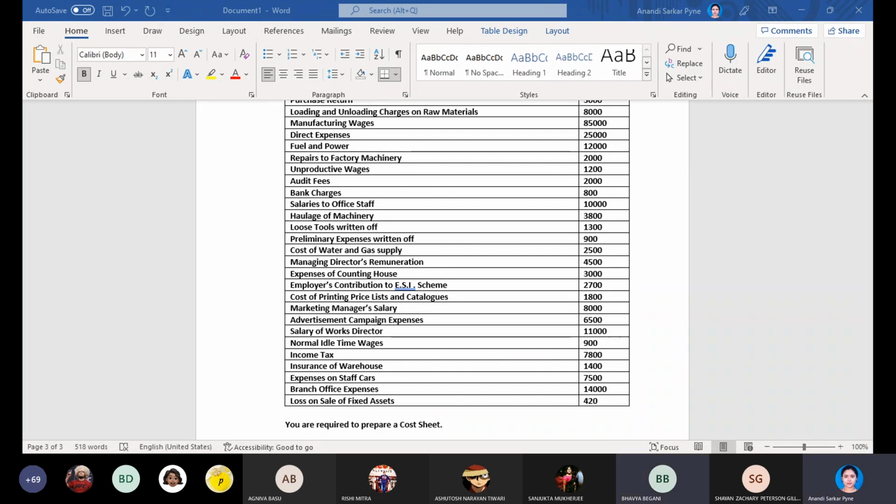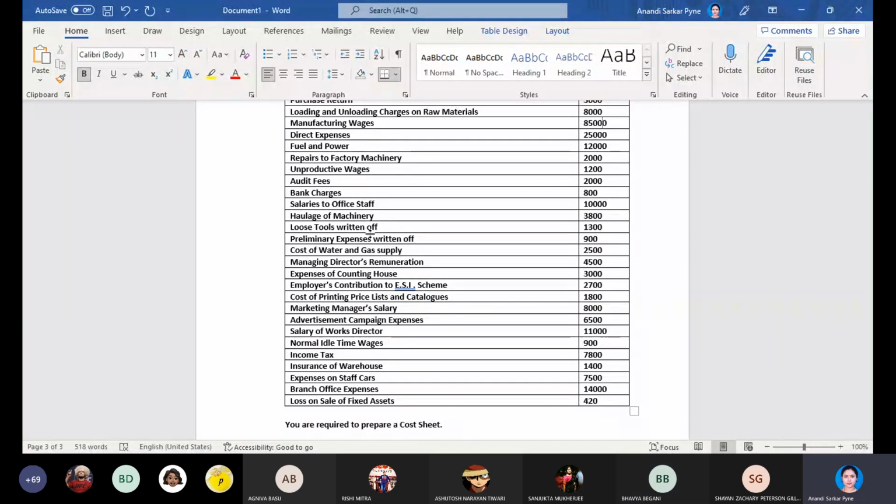We will mention that preliminary expenses are those expenses which are incurred before incorporation of the company. Thus, it will not come in cost sheet. Okay.